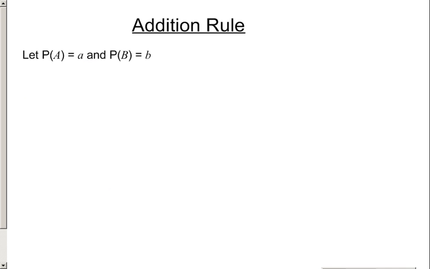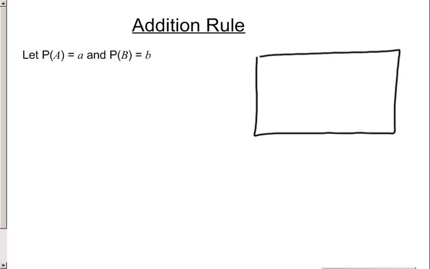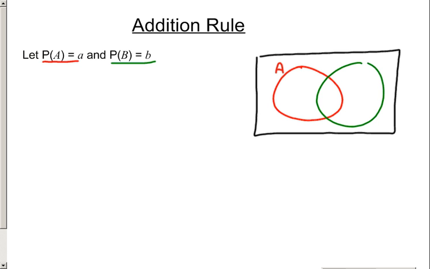So now we have 2 events, A and B. I'm going to say let the probability of A be A, and the probability of B happening be B. So once again, let's consider our Venn diagram. We have A is A, and we have B is B. But before we can put either A or B in, remember we need to find what goes in the middle first.